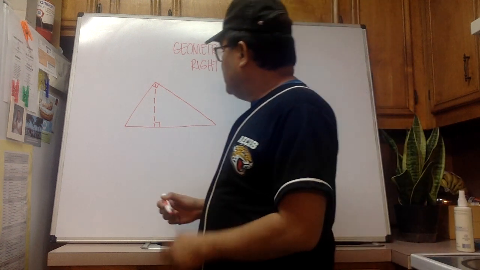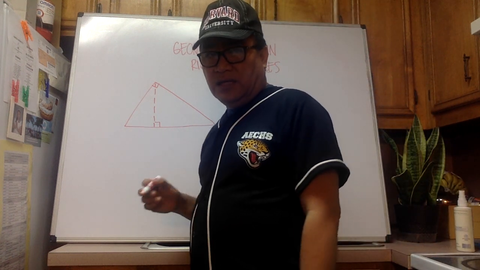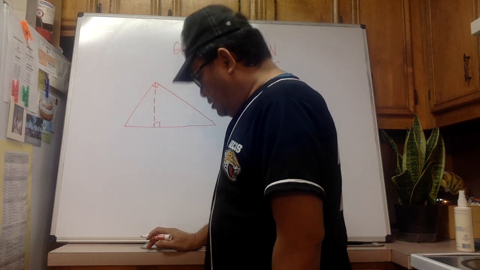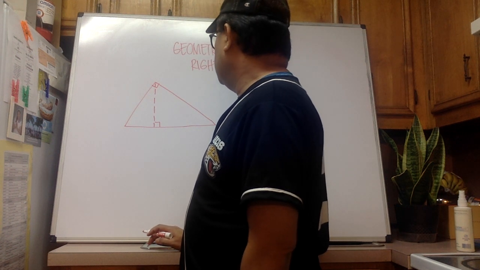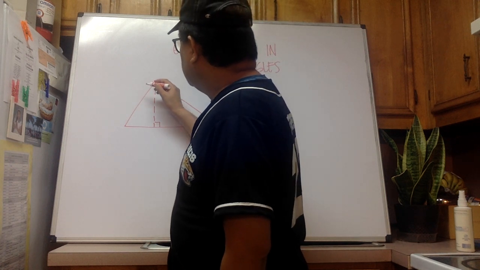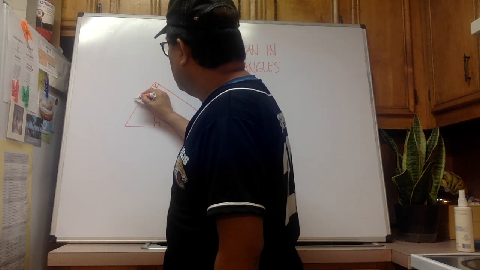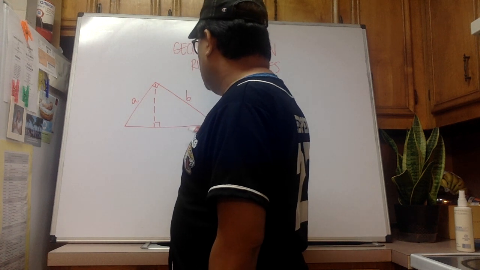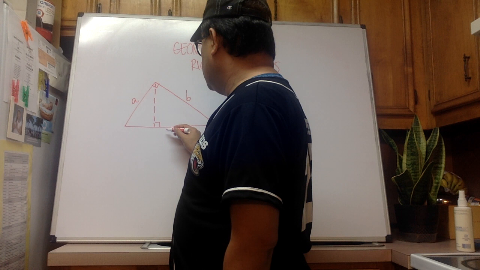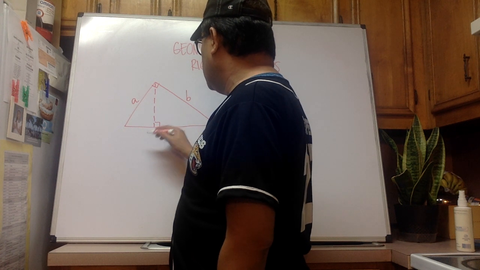But before we do that, let me label the sides of this diagram. Say this one is A, this one is B, and this one is C, but I'm going to break it into two.